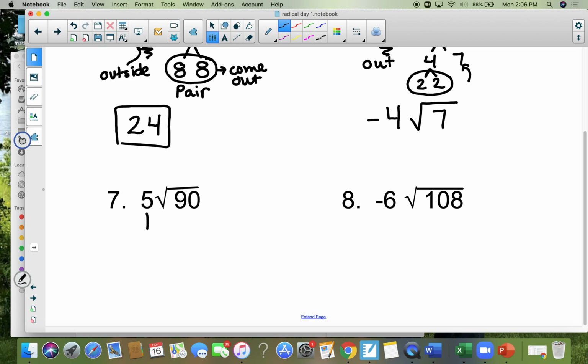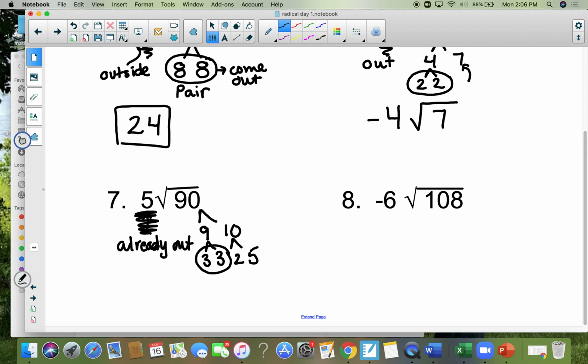The 5, he's already out. 90 is 9 and 10. 9 is 3 and 3. Some people think 10 is 5 and 5. 5 and 5 makes 25. 2 and 5 make 10. I'm looking for pairs over here, so I'm going to circle my pairs. 5 is already out.